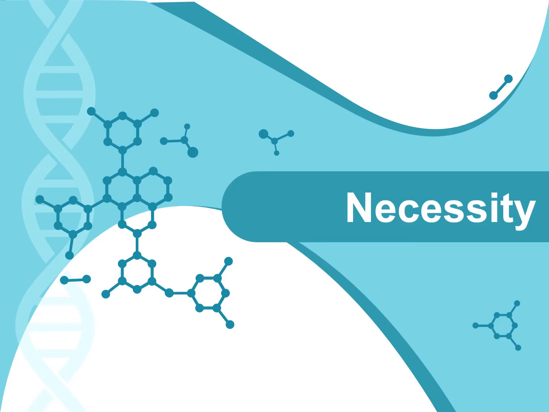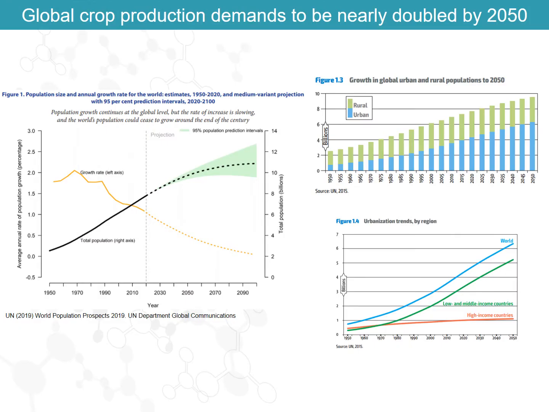Coming to the necessity. Although the world population continues to increase and the population growth rate has declined since the 1950s, from the estimated 7.7 billion people worldwide in 2019, the UN and FAO project an increase to 9.7 billion by 2050.